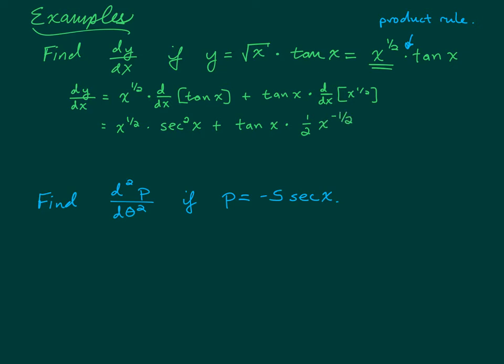And I'm going to go through and actually simplify this one so that you can see what the simplified version looks like. So this is the unsimplified version. This is just a sufficient answer. So I'm going to write unsimplified.